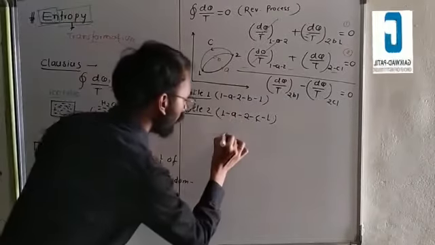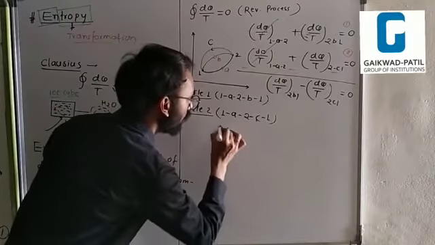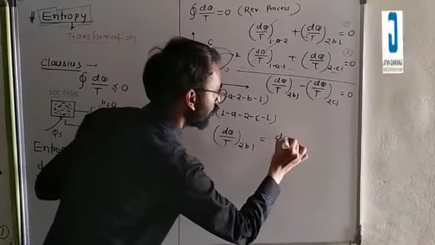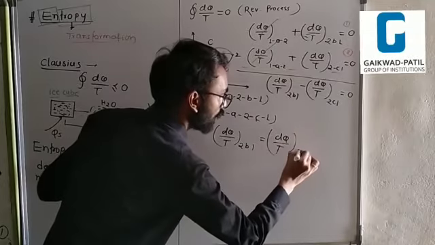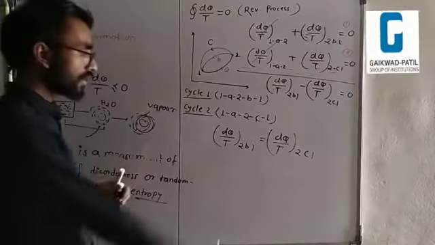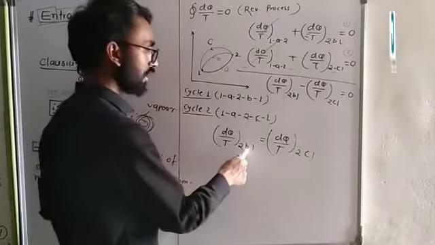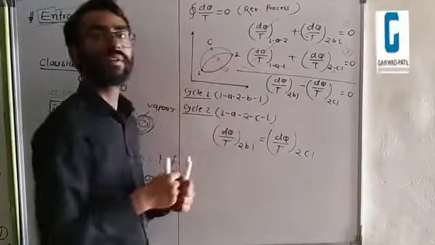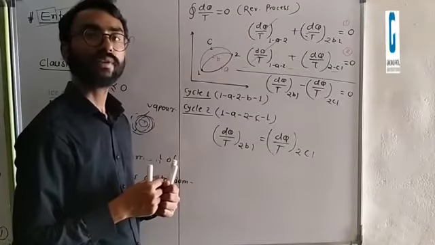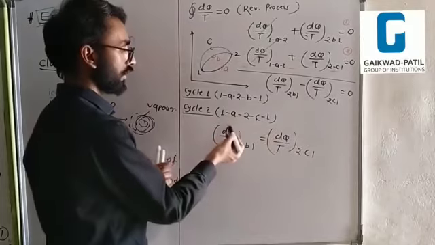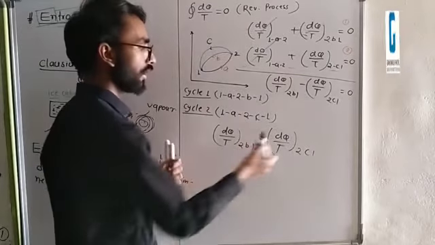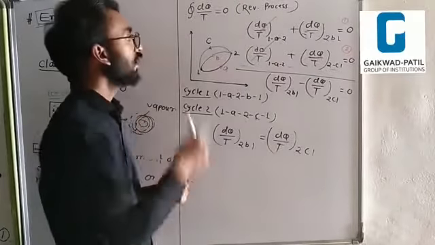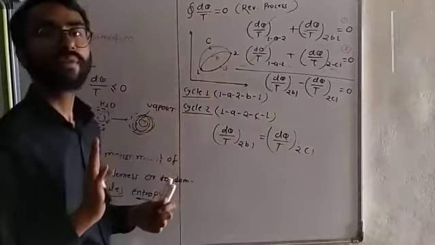That means dQ over T along 2B1 is equal to dQ over T along 2C1. You can see here this one is the B path and this one is the C path. B path and C path are not equal, that means the paths are different. Path are different, that means the entropy is not a path function.